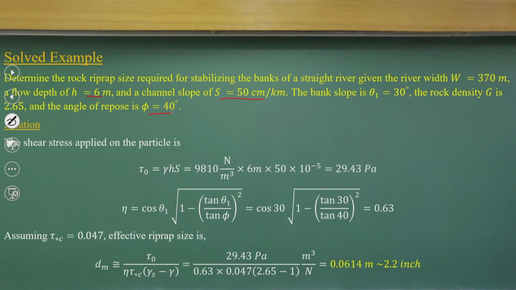So, simple case. You just use this and compute the applied shear stress, which is a function of flow depth, and the slope is given. So, we can find that the shear stress acting is close to 30 pascals.